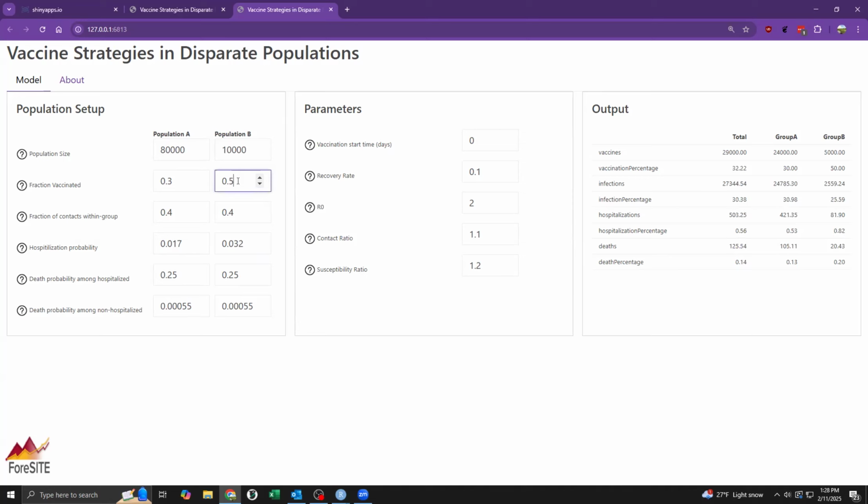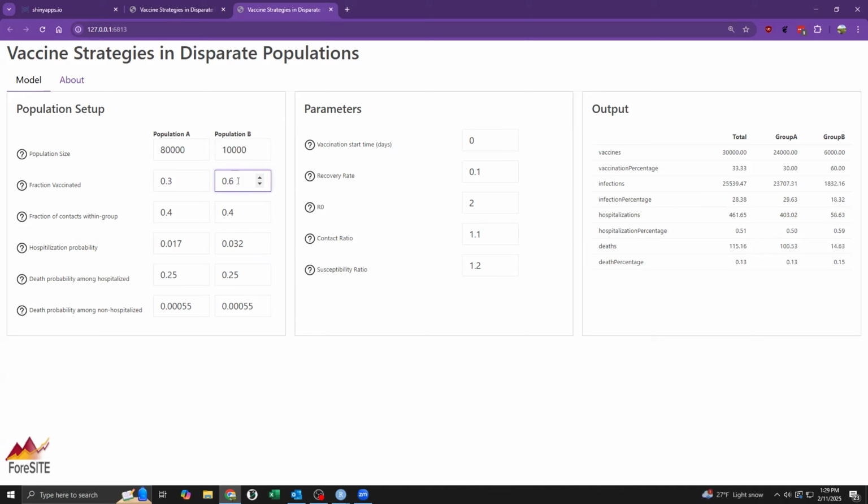You can play with how, since population B has the higher contact ratio and susceptibility ratio, they're disparately affected.